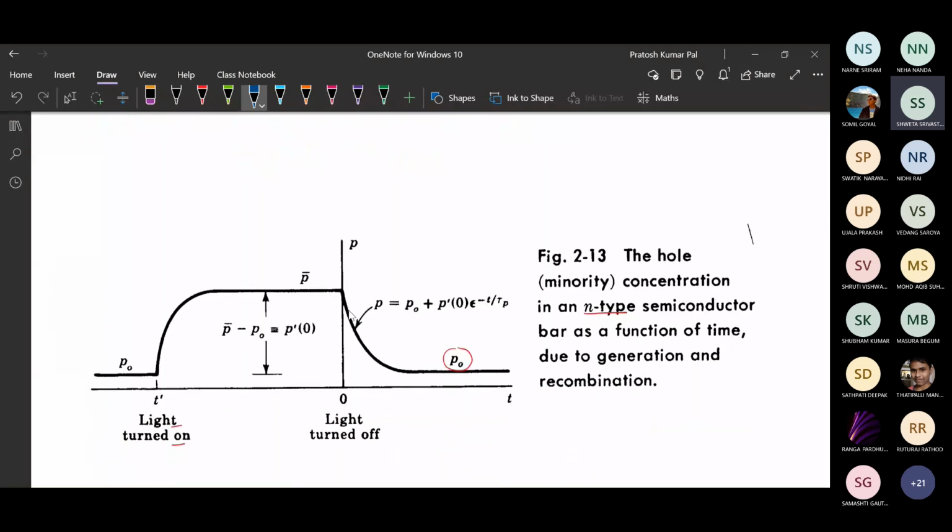Initially p naught was the hole concentration, but it has increased to the p dash value. That means there is an increase in hole concentration.